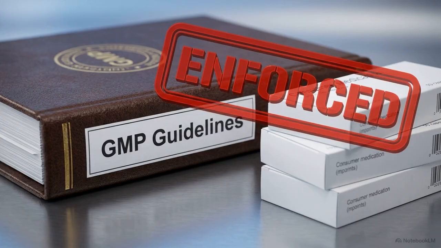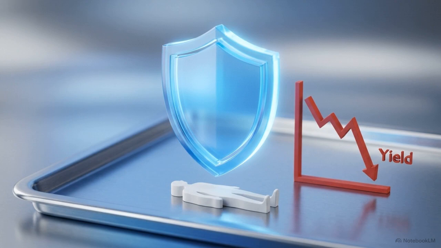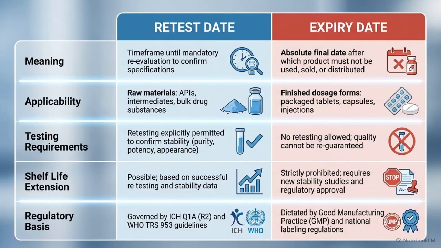This strict rule is enforced by baseline good manufacturing practices and consumer labeling regulations. The expiry date intentionally sacrifices operational flexibility and product yield to guarantee an absolute zero-risk safety barrier for the end user. Let's put these two dates into a direct head-to-head comparison matrix.